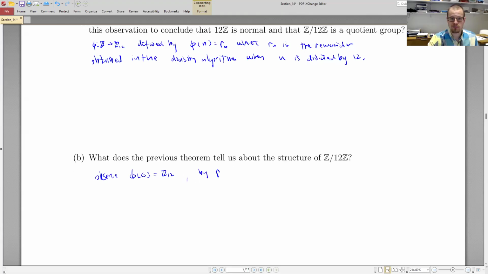So by the previous theorem, we actually get that Z mod 12Z is isomorphic to Z12. So that tells us exactly what the structure of Z mod 12Z is. It has the same structure as Z12. Boom! Easy peasy lemon squeezy, right?